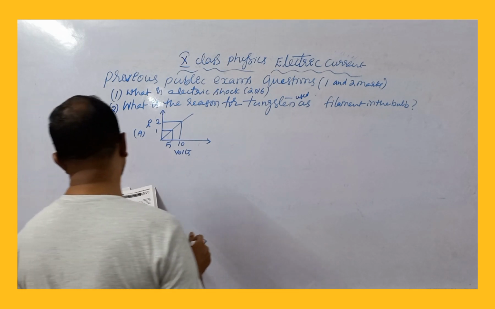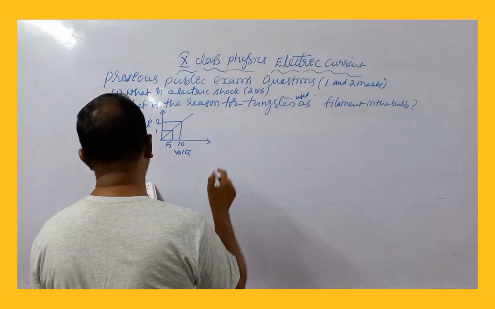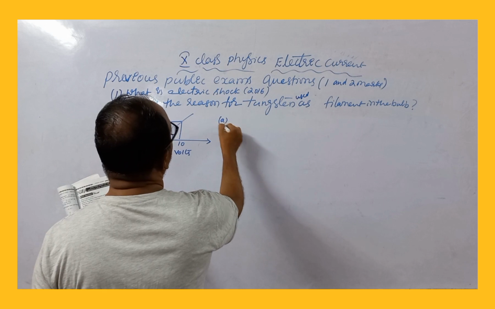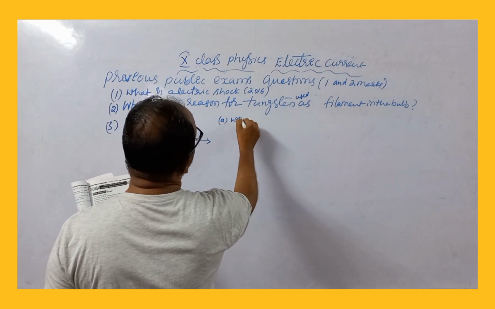Now the graph is given, and answer the following questions. First one: which law is used to explain the graph, and state it.